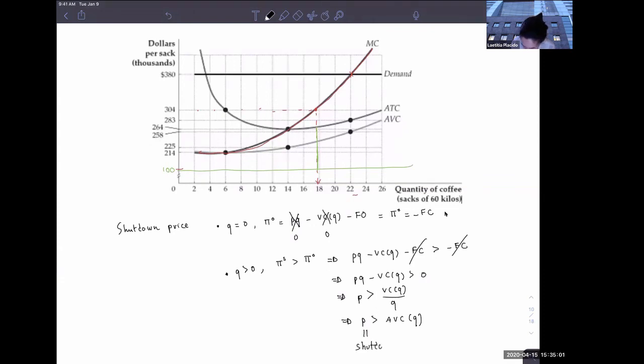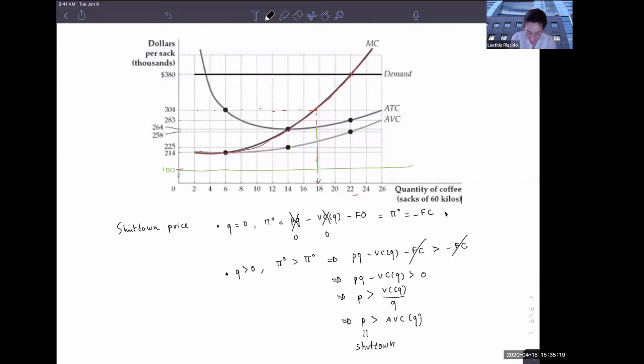Shutdown price. In other words, if by producing the firm covers its variable cost or more than covers the variable cost, then it's going to produce something. So what is the shutdown price in that problem?